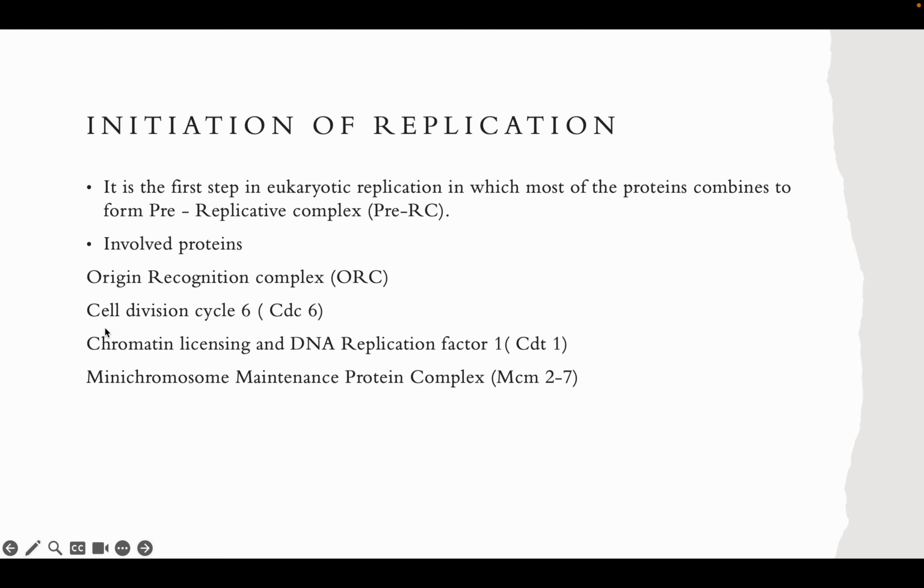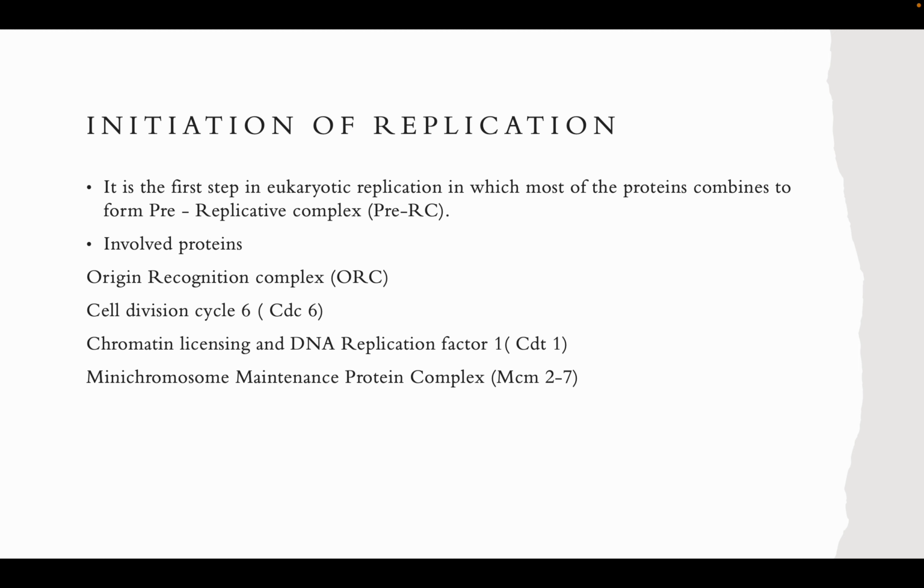CDT1 is chromatin licensing and DNA replication factor 1, and both of these proteins are important for recruiting the minichromosome maintenance protein complex. This is a helicase, whose function is to separate the two strands.